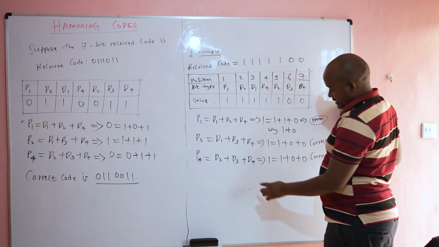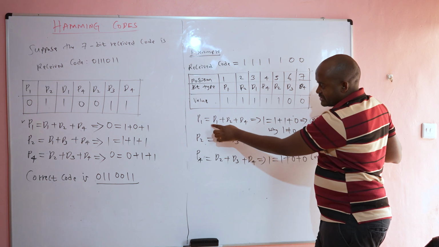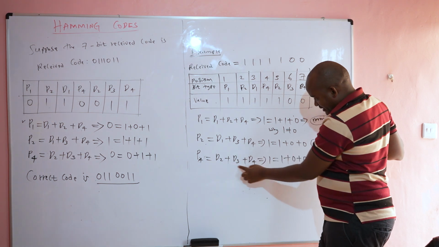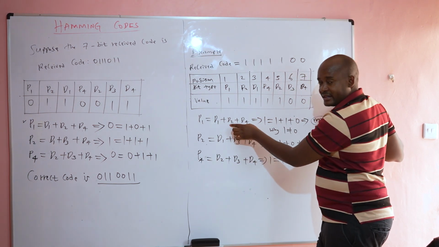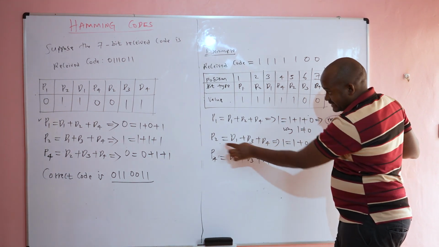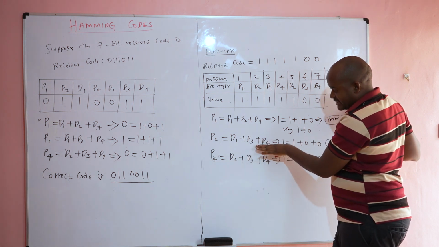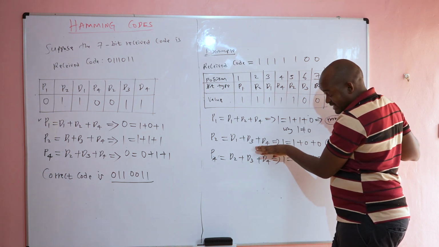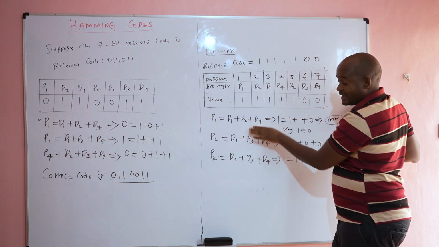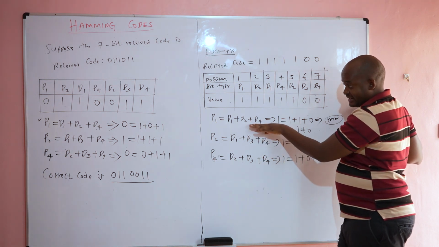Since D1 is correct here, it's giving us a correct value of P2, so there is no way it will be wrong here. If D2 is giving us a correct value here, there is no way it will be wrong here. We go to D4, in P2, that is the second line here. It is also giving us a correct thing. I repeat, if our D4 was correct here, then also here it is correct.